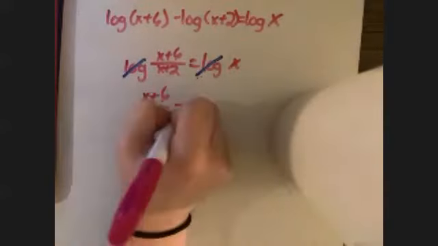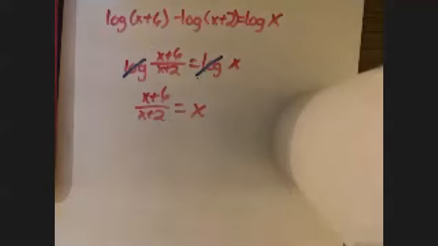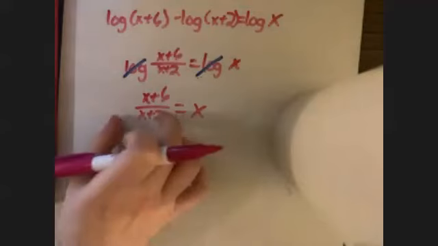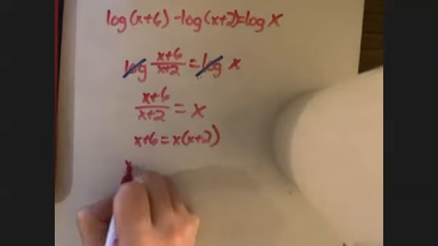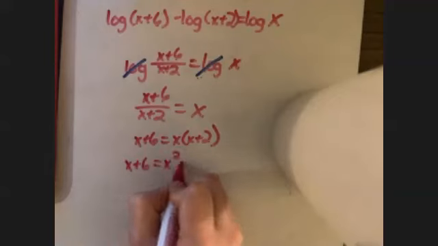So we're going to have x plus 6 over x plus 2 equals x. Now I can move, I'm going to multiply that x plus 2 back over to the other side. So we've got x plus 6 equals x squared plus 2x.